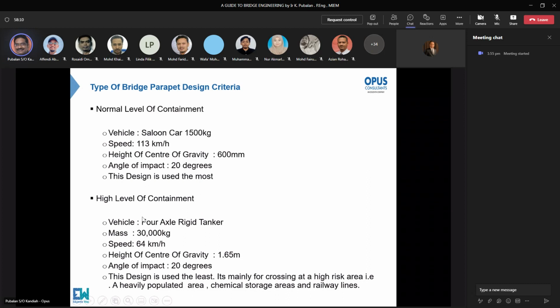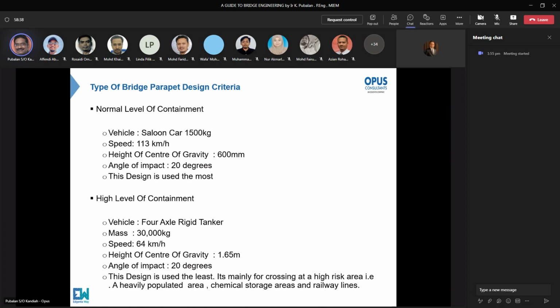Okay. Now we look at high level of containment. High level of containment, you design for a vehicle which is 30 ton traveling at 64 km per hour. And the height of the center of gravity, this is generally where the bumper is, the car's or the lorry's bumper, is about 1.65 meter.